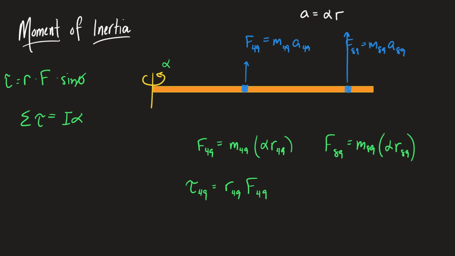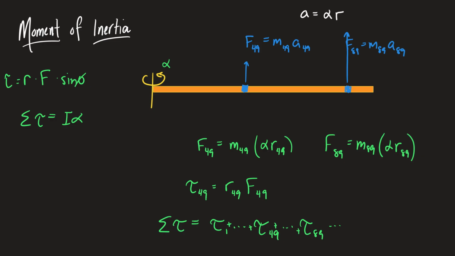So I'm going to consider net torque being the sum of the torque on centimeter 1 all the way to the torque on centimeter 49, the torque on centimeter 89, all the way to the end. I'm going to add up all of those torques. Does that make reasonable sense to you?